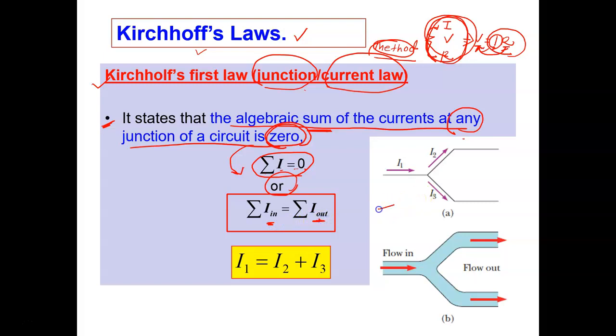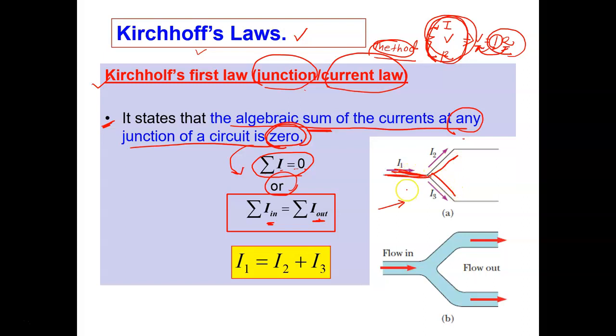Now let's see this picture here. Let's say I have a circuit where there are a lot of junctions in it. For example, in this case, I have this wire here, and then this wire is divided into two junctions: one here and one here.